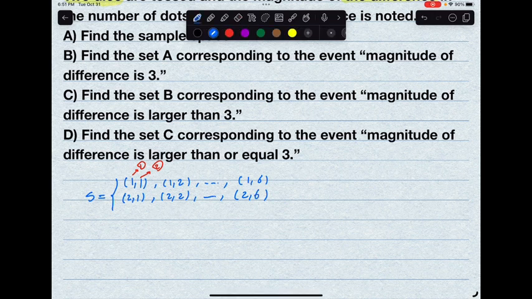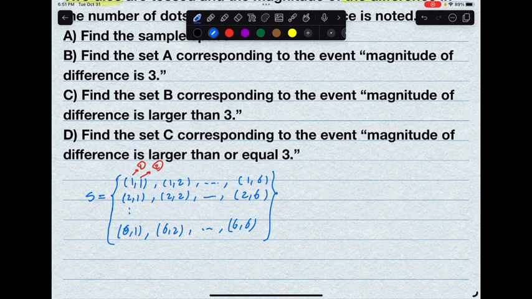And the last row is just 6 1, 6 2, and it goes to 6 6. These are all the possible results when we toss two dice. It is the sample space for this experiment.